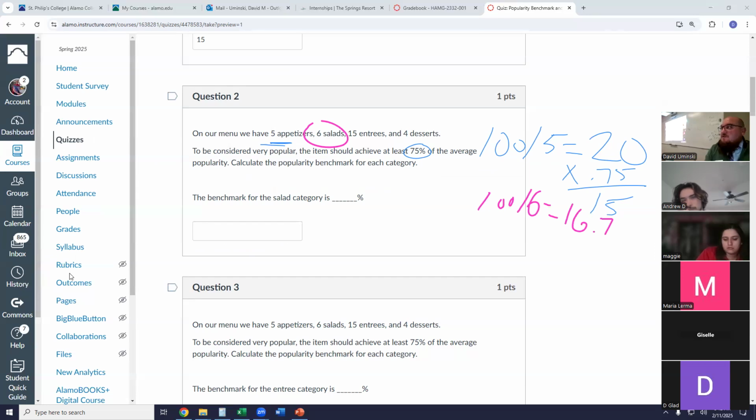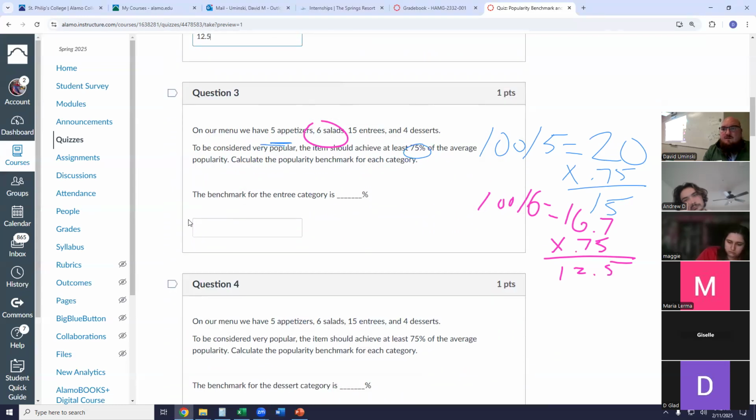That's 100 divided by 6. And I'm going to multiply it by 0.75. And I'm going to get 12.5. So I'm going to type in 12.5 right here. Okay. Then we scroll down.